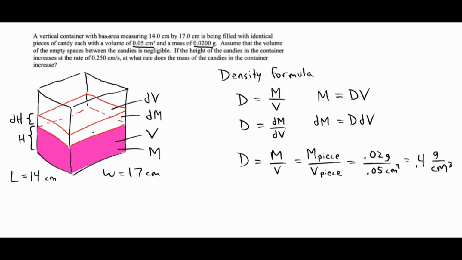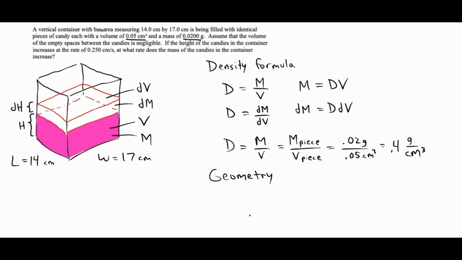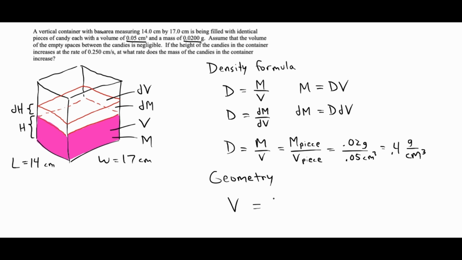Now let's look at some of the geometry of the situation. We know that we have a relationship between volume, length, width, and height. So V equals LWH. We want to identify what letters here are constant.